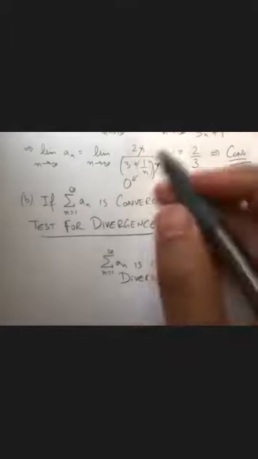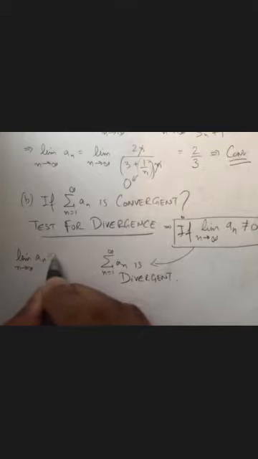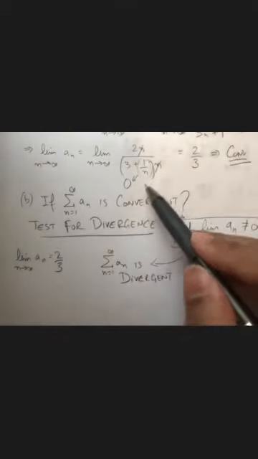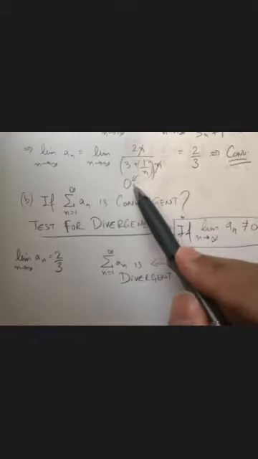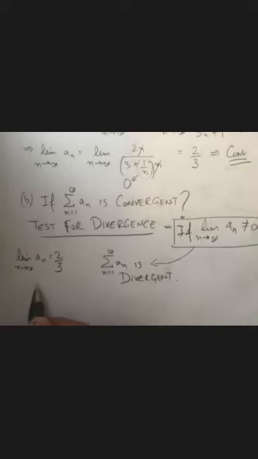And as we saw above, the limit is 2 over 3, right? This is the limit, 2 over 3, and 2 over 3 is not equal to 0.